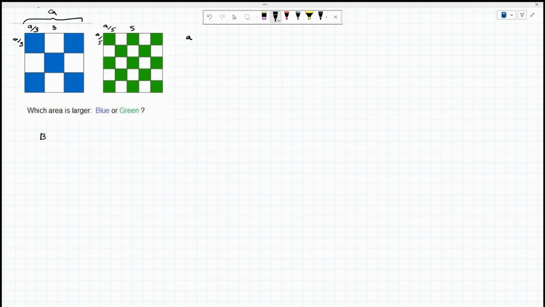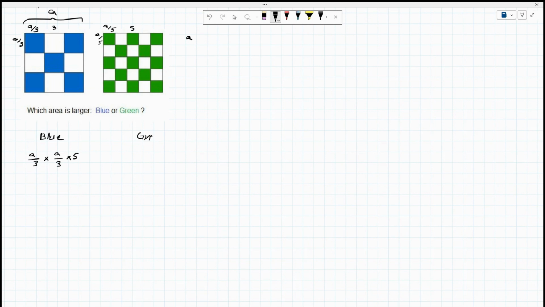So on the blue section we have the area of one blue square is a divided by 3 multiplied by a divided by 3, and we have 5 squares in total, multiplied by 5.